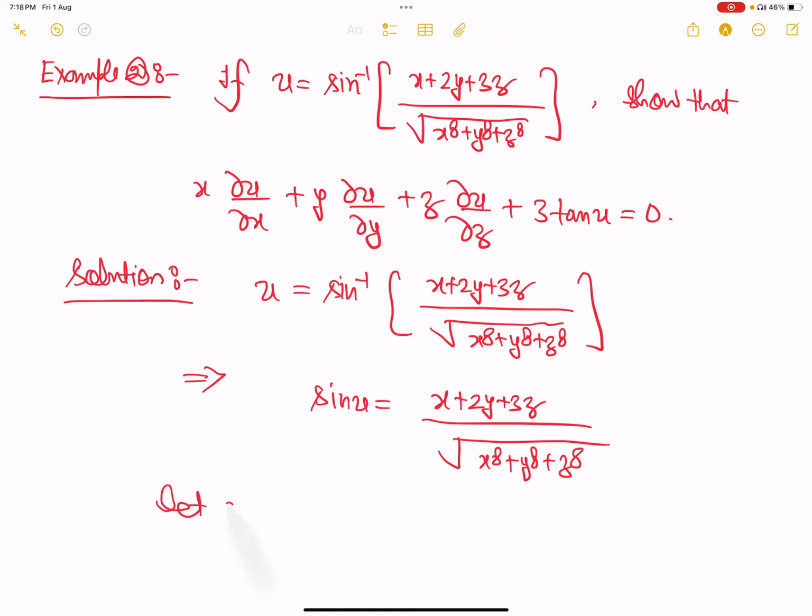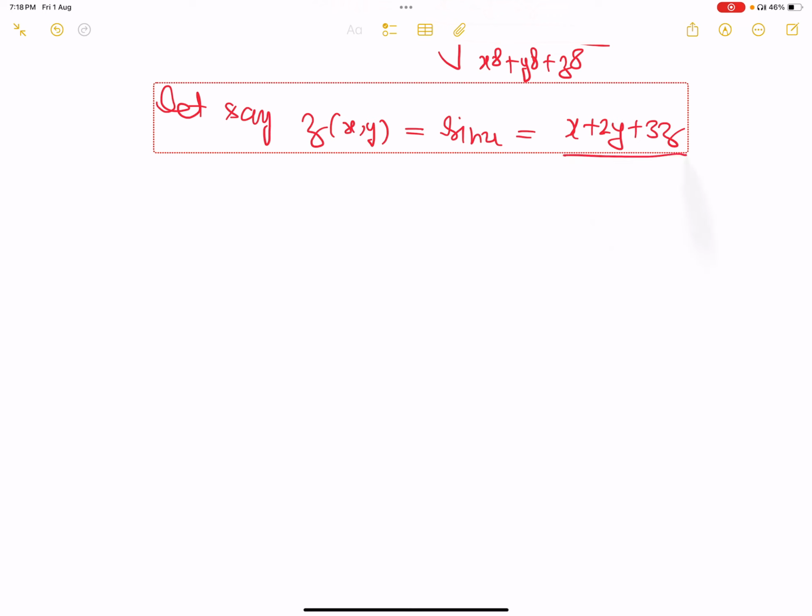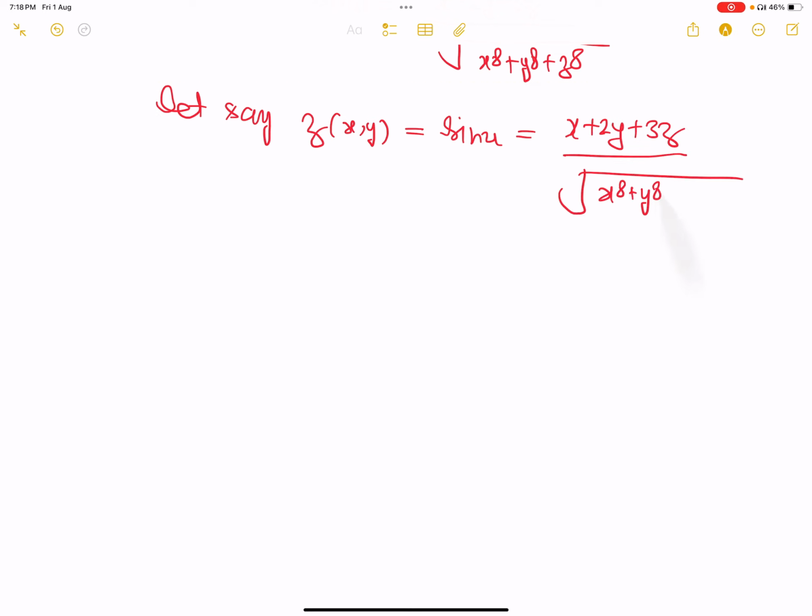So let's say z of x, y is equal to sine u, which is (x plus 2y plus 3z) upon under root of (x to the power 8 plus y to the power 8 plus z to the power 8).